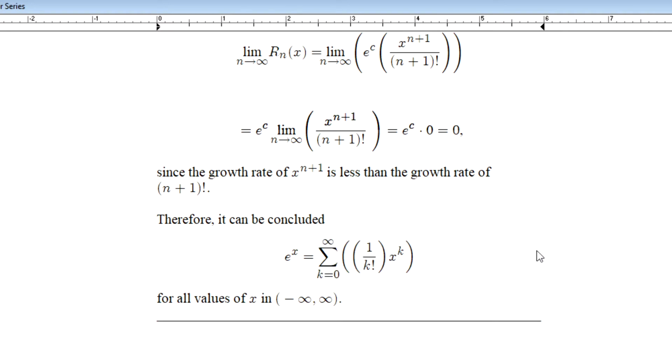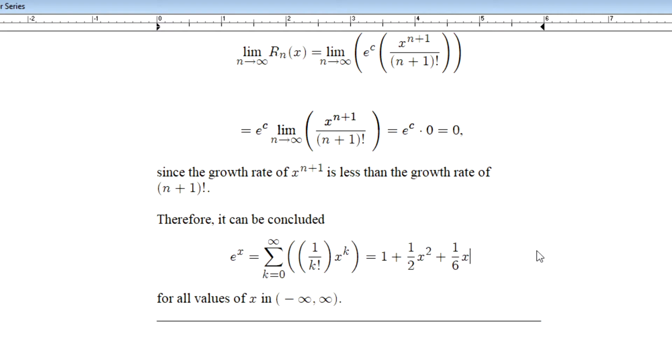It really is nothing different from, if we started to spell out this summation, that would be 1 plus 1/2 times x squared plus 1/6 times x cubed.